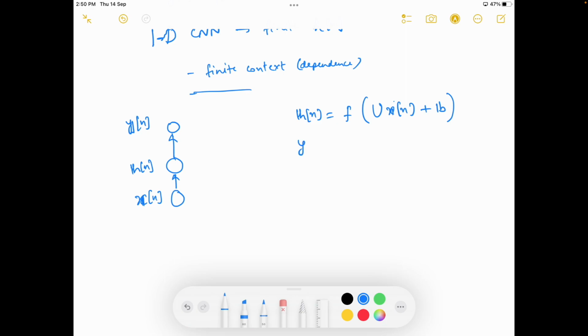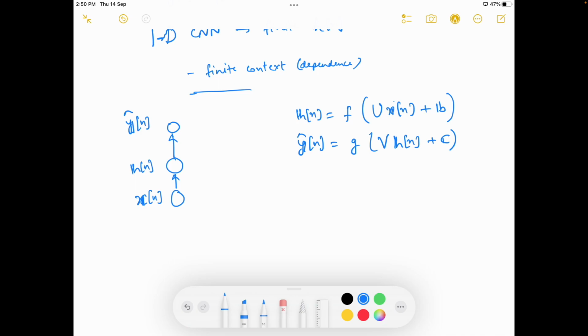And my y, let's call it y hat. Y hat of n is some other nonlinearity, could be softmax or sigmoid, of V h of n plus c, right. Is this clear?